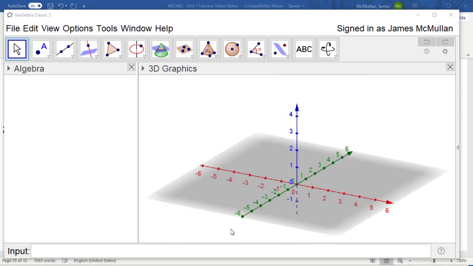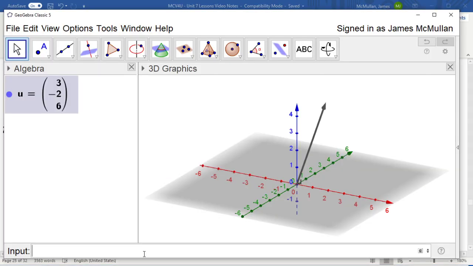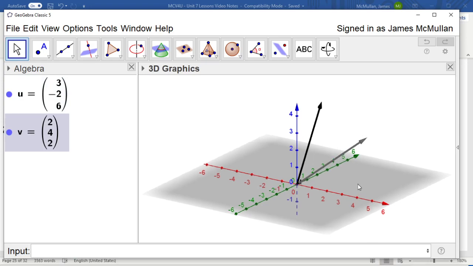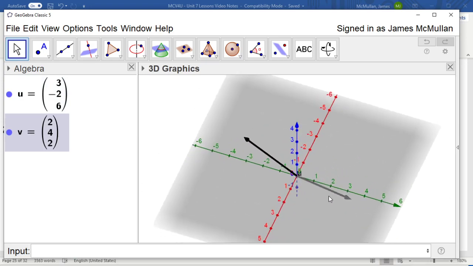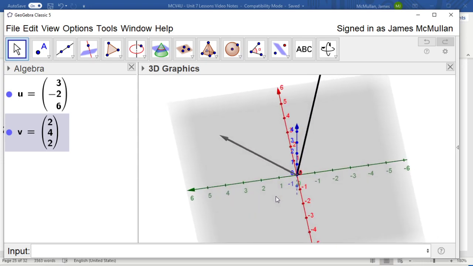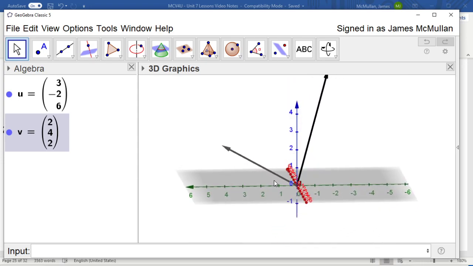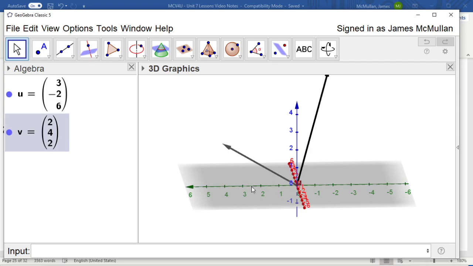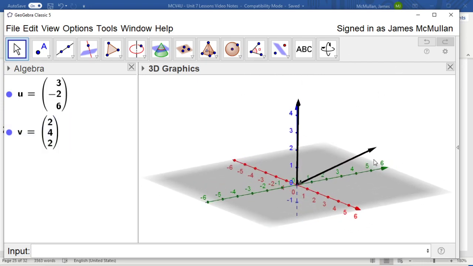Okay, so let's draw what we had. So 3, -2, 6. Okay, v is 2, 4, 2. Okay, now, first thing we should notice, the angle between them is indeed acute, right? If you look at it as though they were on a plane, you can see that it's not bigger than 90 degrees for sure. Okay, so those are the two vectors.